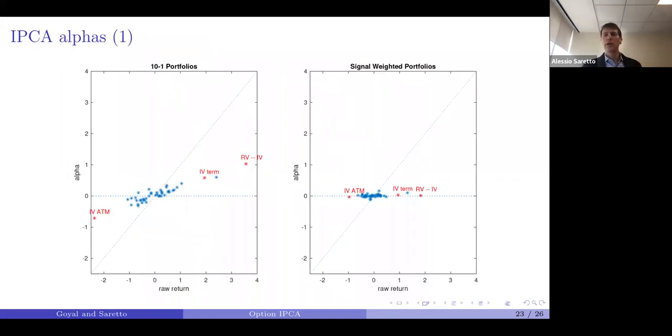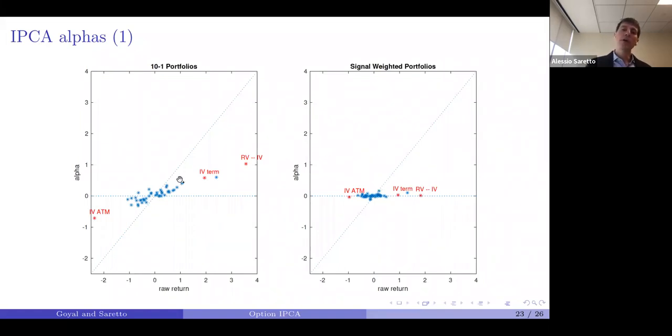So what is left? Well, I'm going back to the first picture that I showed you, but just focusing on IPCA. Again, IPCA is fit on managed portfolios, and you see here they do very well.